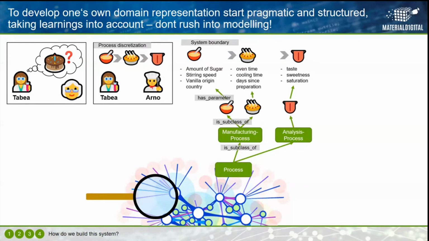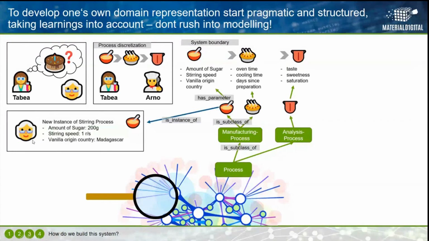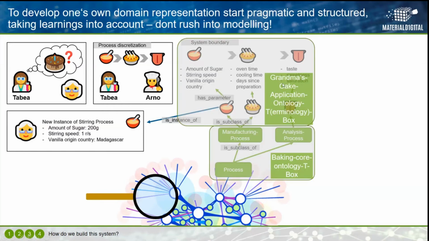Now this goes on, and they defined the system in this way. So this is then the T-box, which can then be instantiated each time her grandma, for example, makes a cake, and she can instantiate the data for all the parameters that she defined up here. Now, this would, for example, be the grandma cake application ontology, because this is about the grandma cake.